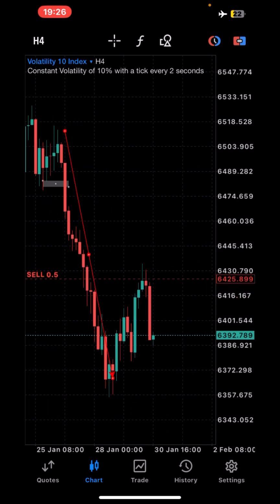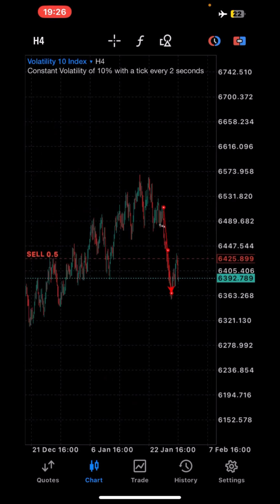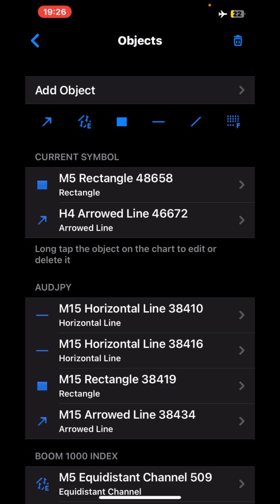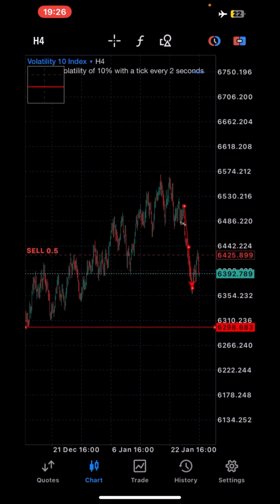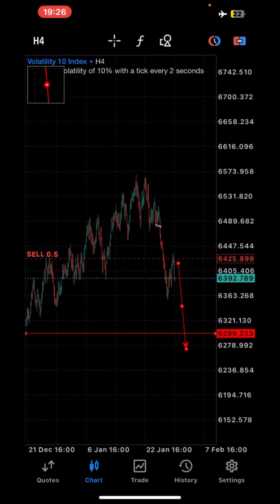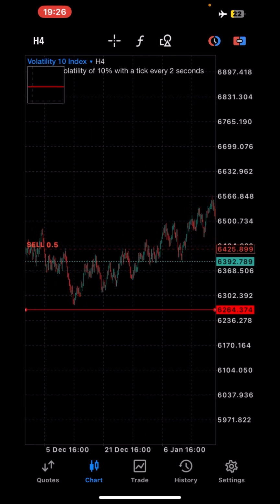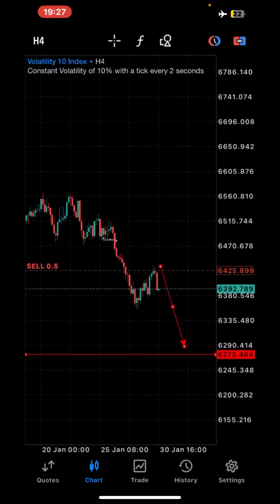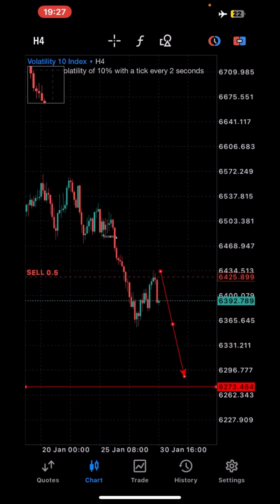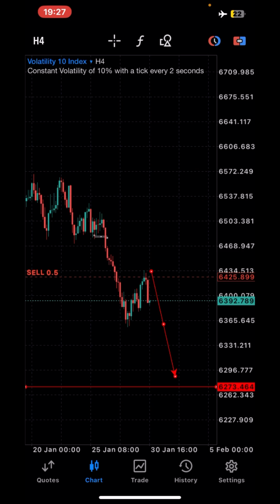And I expect price to continue to sell as we target for this area down here, all the way down there, right? So we're already in a downtrending market.